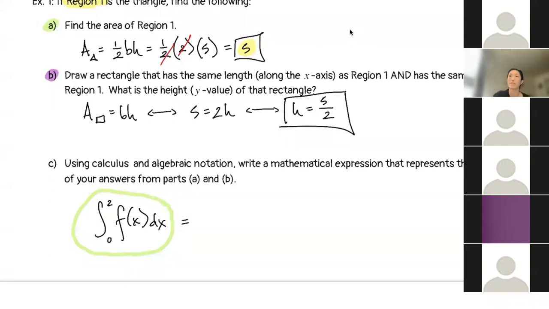And so if we wanted to represent that other area, we might say that we have 2 minus 0 times 5/2. Where did I get 2 minus 0 from?